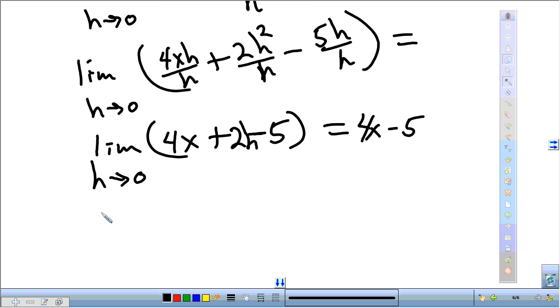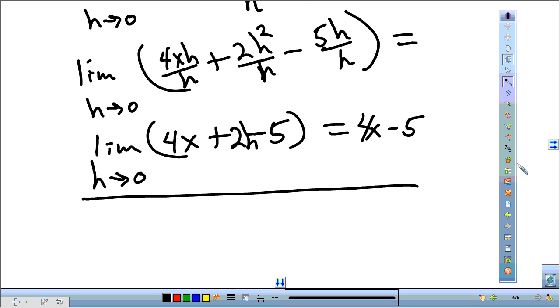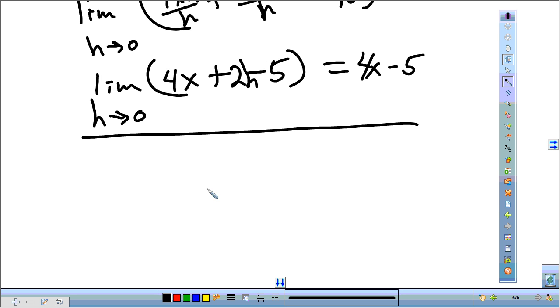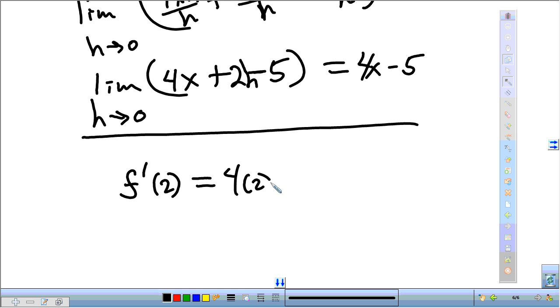So now that I have a general form of the derivative, I could have used this to find the derivative evaluated at 2 and come up with the same value of 3.